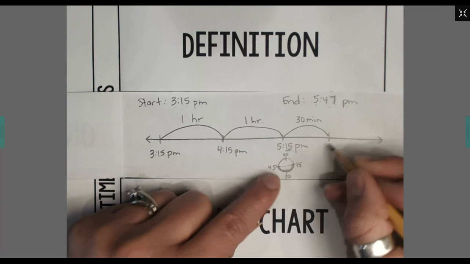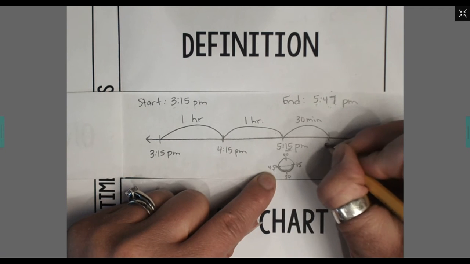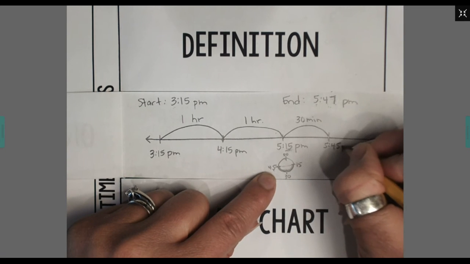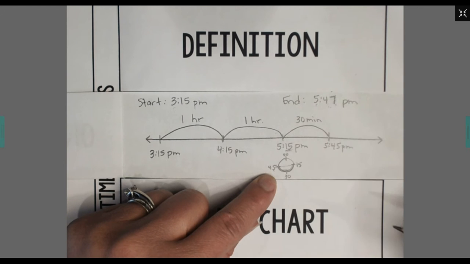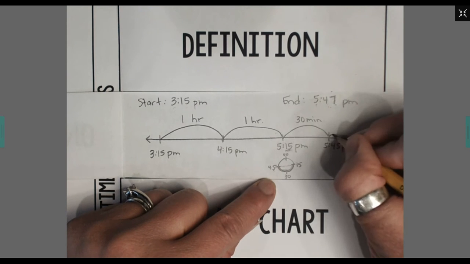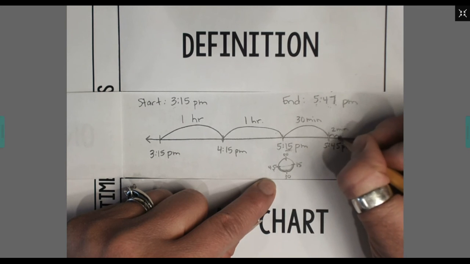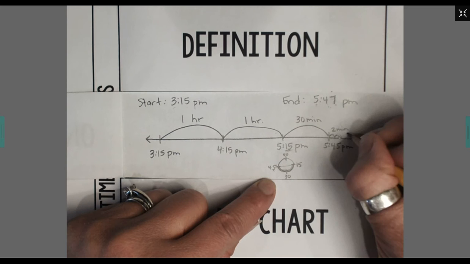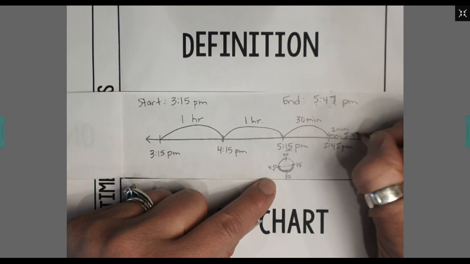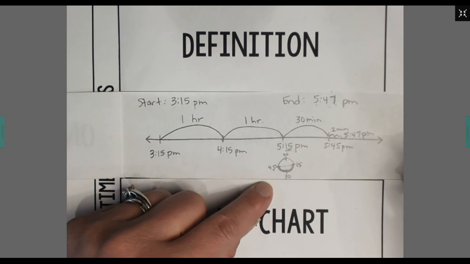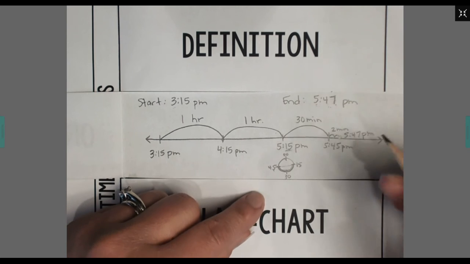And that gets us to 5:45. But we need to get to 5:47. So how many more minutes do we need to go? 2 more minutes. And we get to our final time of 5:47 p.m. And are we done? Nope, we need to add everything up.